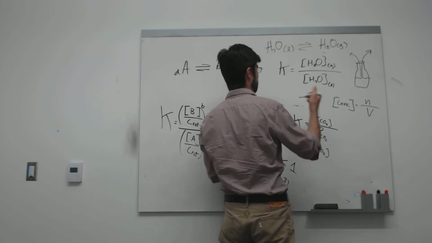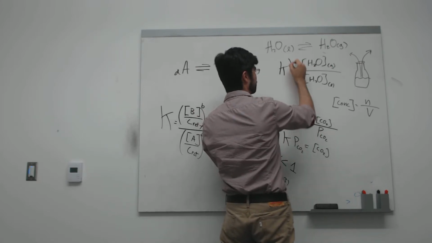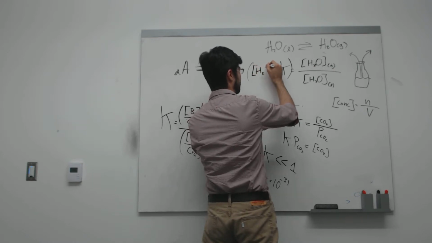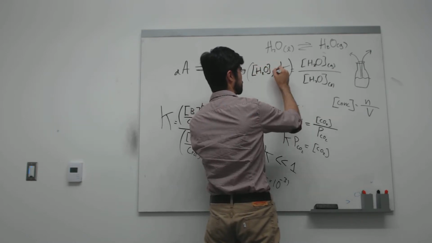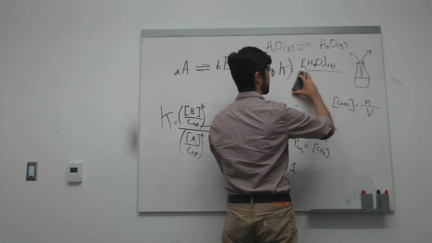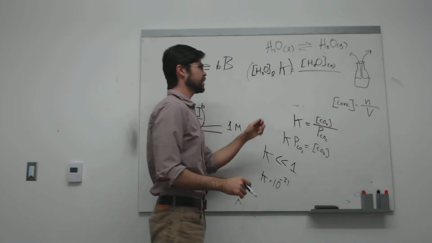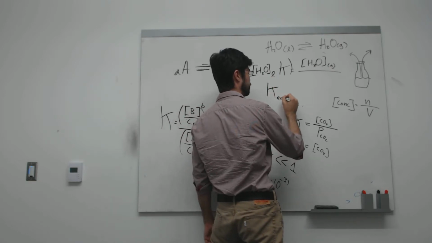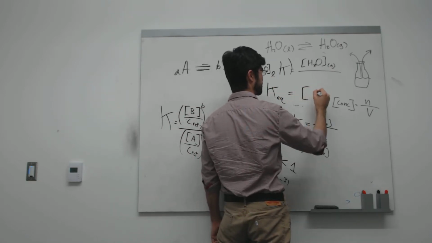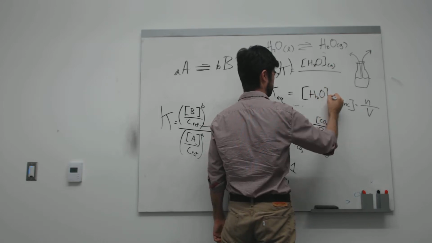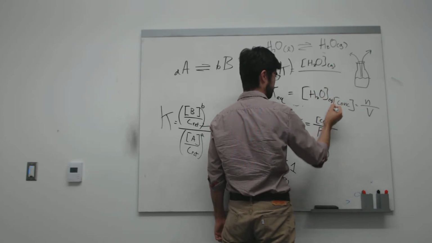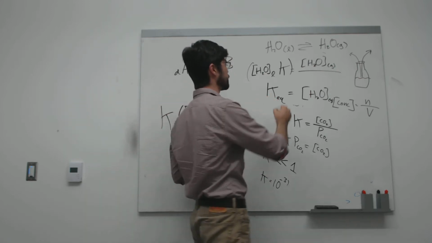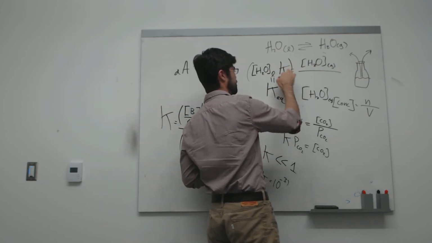Conceptually, we lump together the concentration of the liquid, so I'd multiply both sides by the concentration of water, and then I'll just write in a new formal equilibrium constant, which is equal to the concentration of the water in the liquid and the concentration of the water in the gaseous phase, where K equilibrium is equal to these two values.